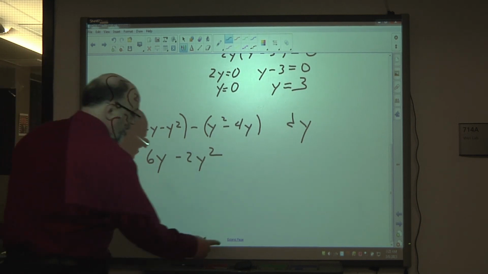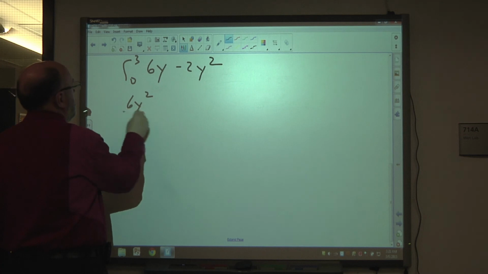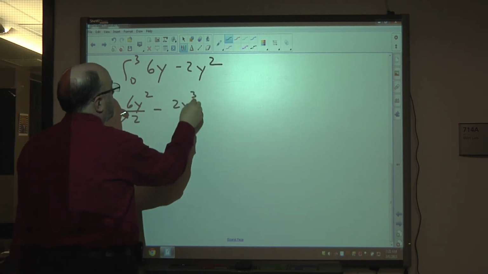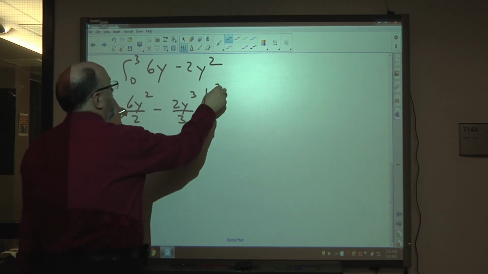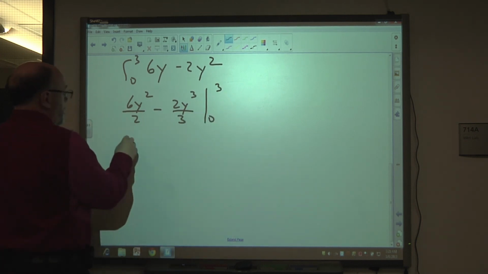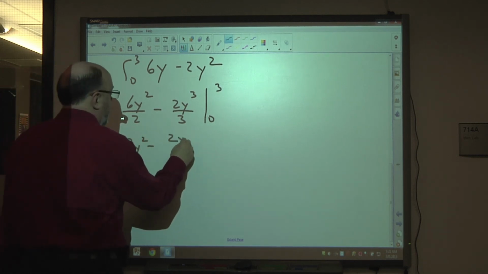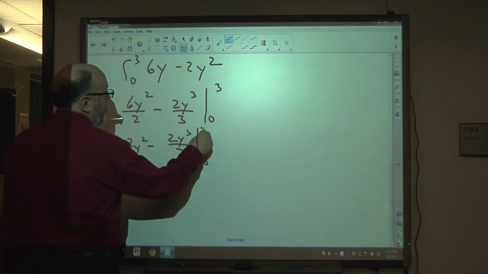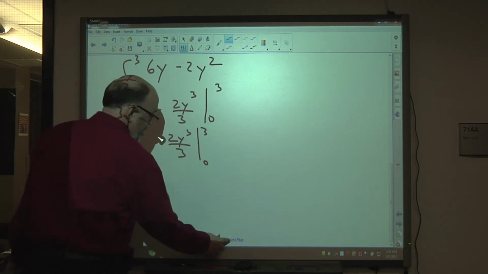Next step is integrate. So we get 6y squared over 2 minus 2y cubed over 3. Evaluate it from 0 to 3. So this will be 3y squared minus 2y cubed over 3. Evaluate it from 0 to 3. And then it's a matter of plugging in the numbers.